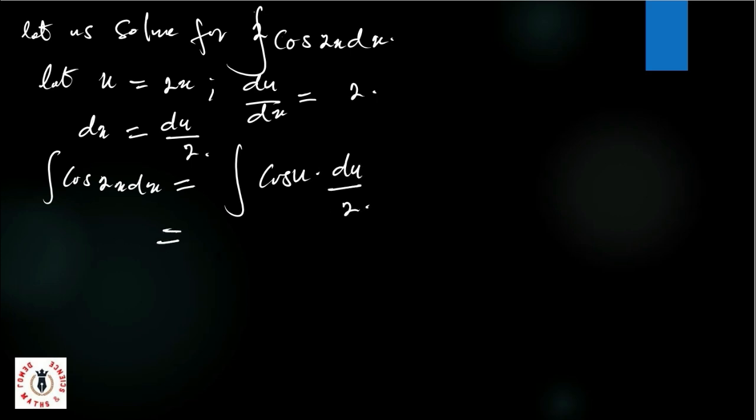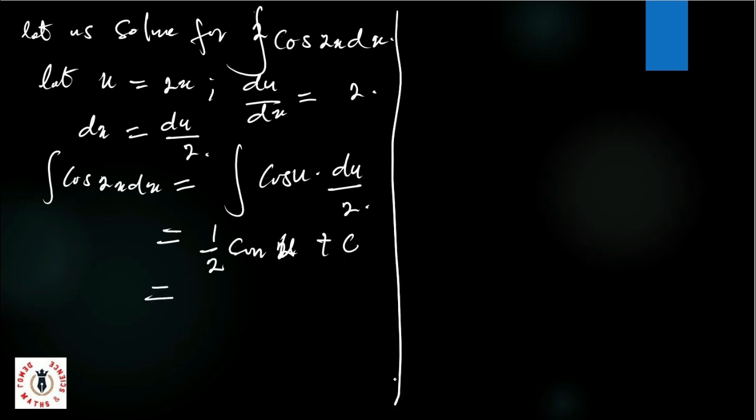So when I integrate, this becomes half sine u plus c. So automatically this is half. Remember we said u is equal to 2x. That is half sine 2x.